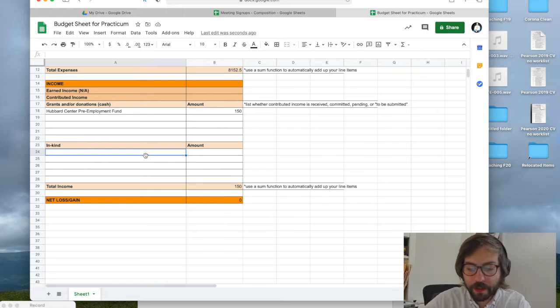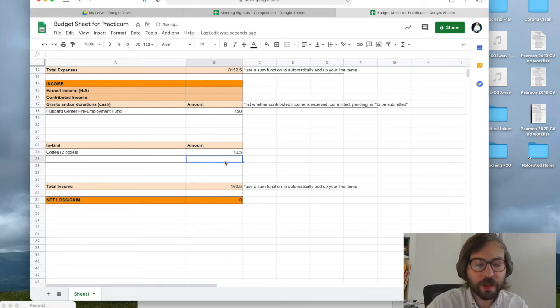You would put coffee, 2 boxes, whatever, however they measure large amounts of coffee, and then the amount of money that would cost. Again, I'm just choosing totally arbitrary numbers here. And that would get counted into your income, because that's money you didn't have to spend, right?